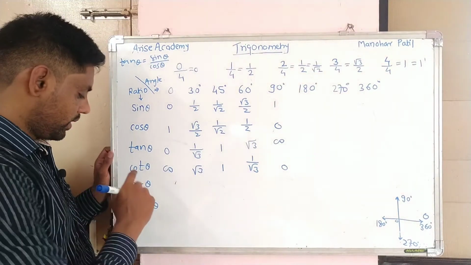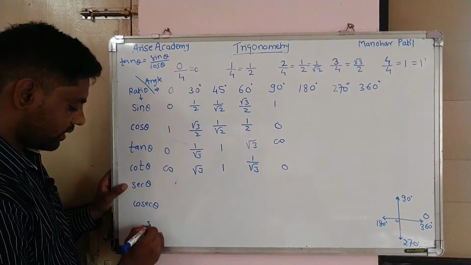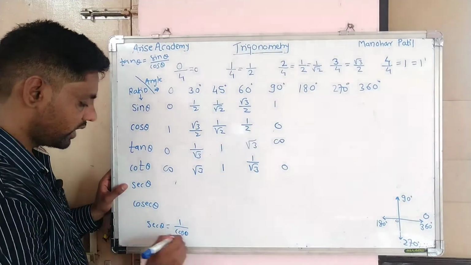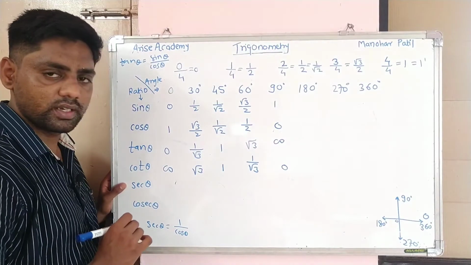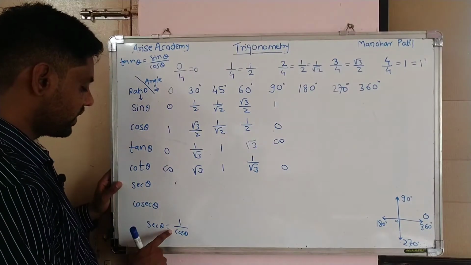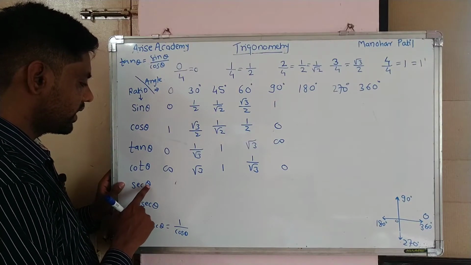For sec theta, we know that sec theta equals 1 upon cos theta. That means sec theta is the reciprocal of cos theta. From this formula we find all the values for sec theta.